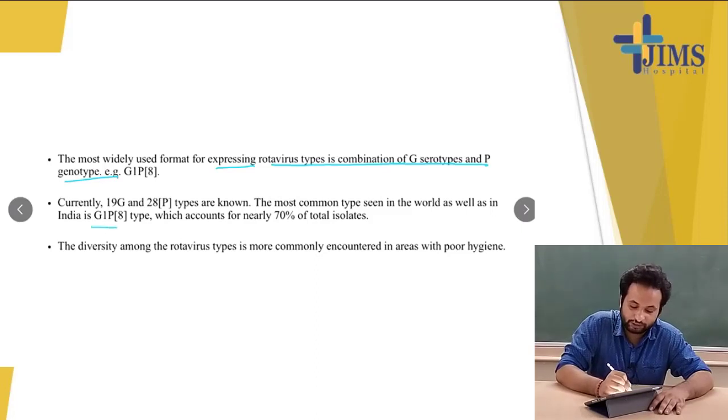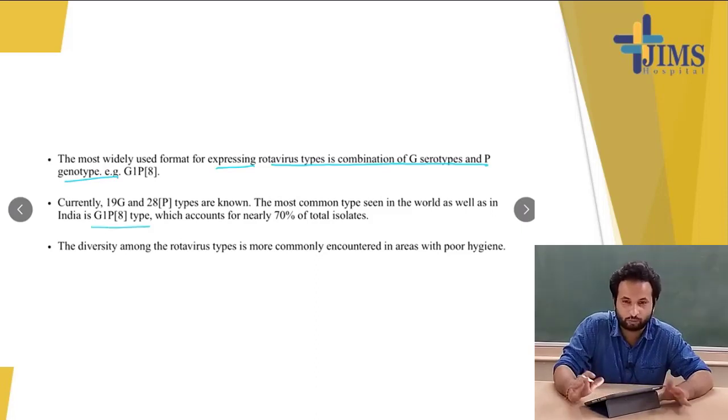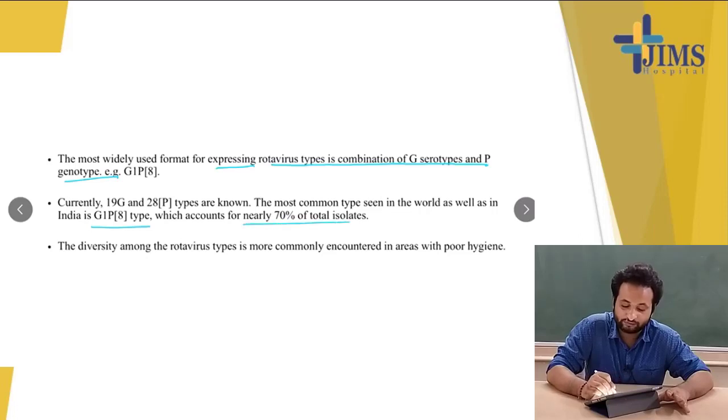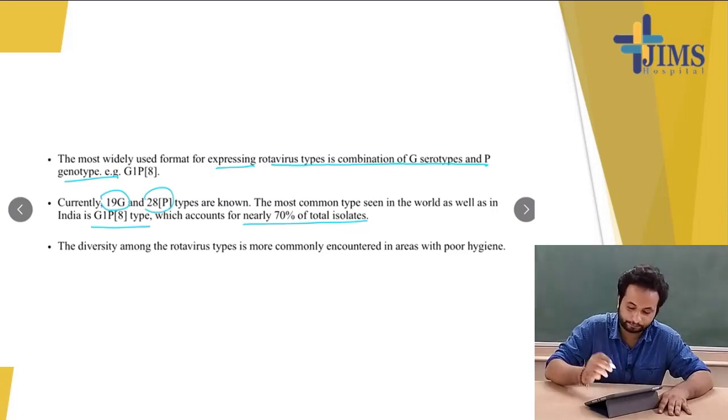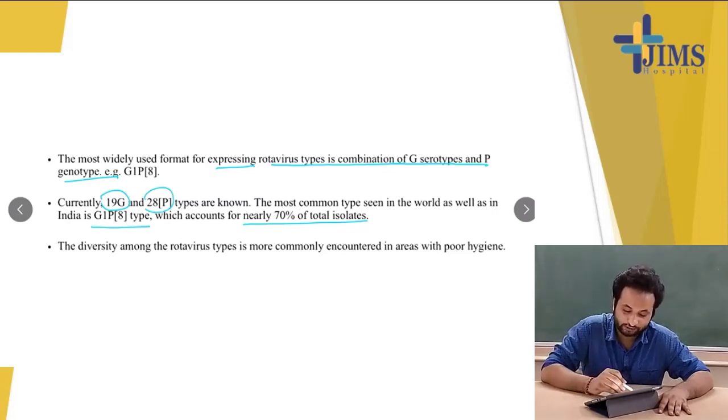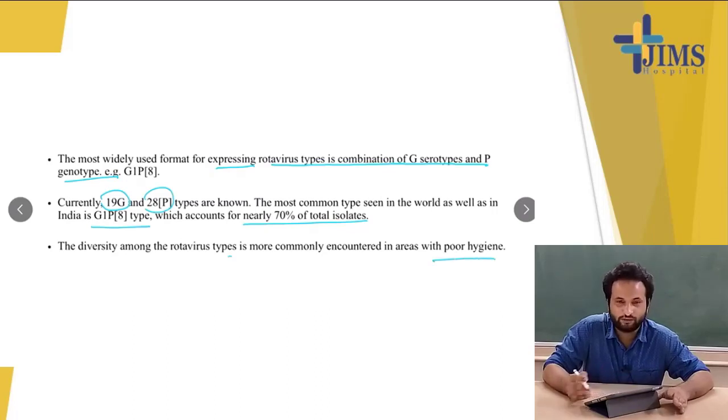This G1P8 is the most common type seen, and nearly 70% of the total isolates of rotavirus are G1P8 type. Currently 19 G and 28 P types are known, and whenever you are expressing a rotavirus type, the combination of the two must be there. The diversity among rotavirus types is more commonly encountered in areas with poor hygiene.